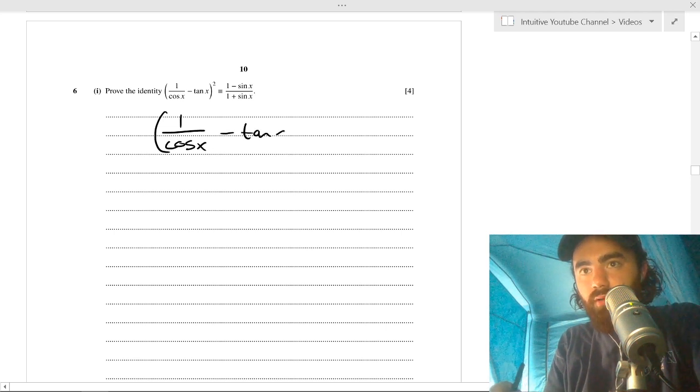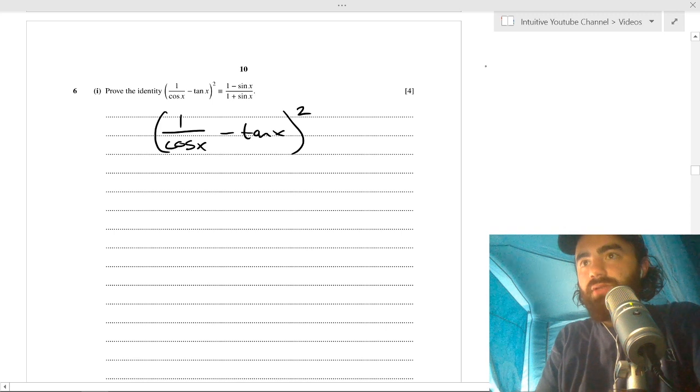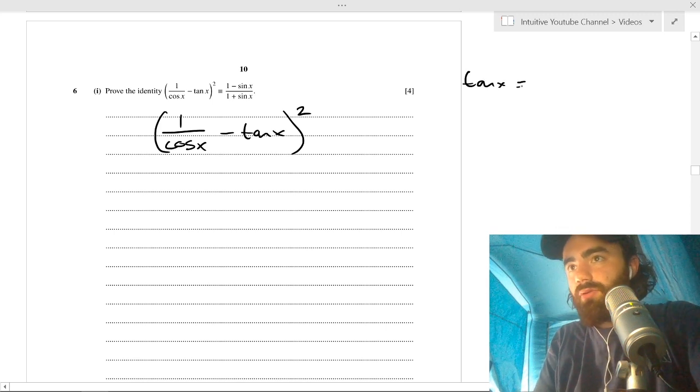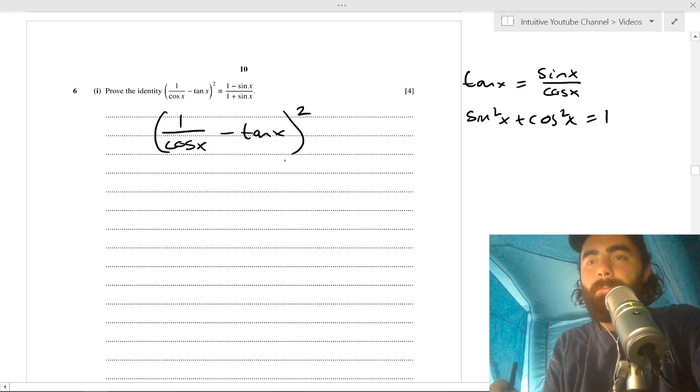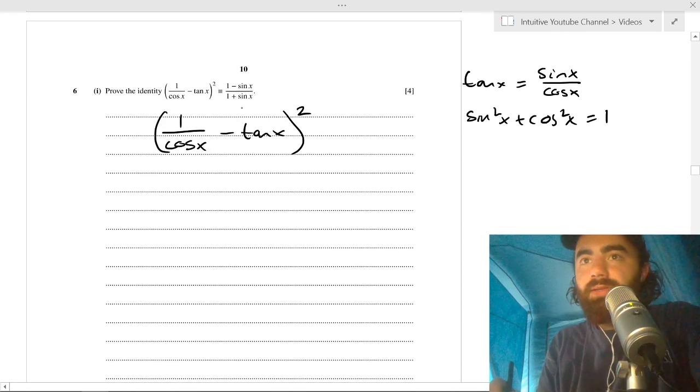And when you're doing these ones, I would recommend instantly writing your two identities. And you've got your sine squared x plus cos squared x equals 1. Well, instantly I'm saying, we have just sines on this side, so we need to figure out a way to change everything to sines.